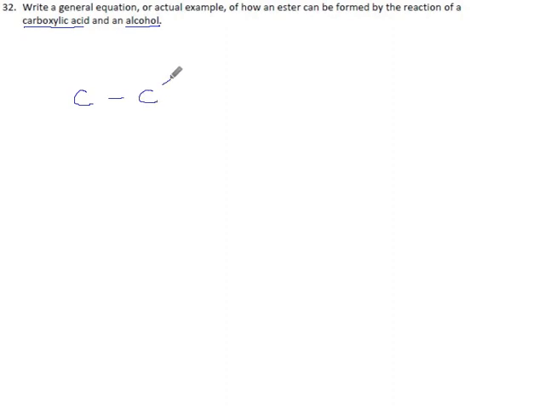Here's a carboxylic acid. This would be ethanoic acid because it's got 2 carbons. Ethanoic acid. And the other ingredient we need for this, I'll go orange, is an alcohol.